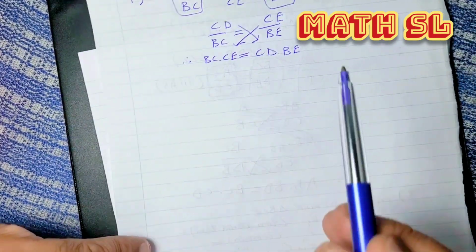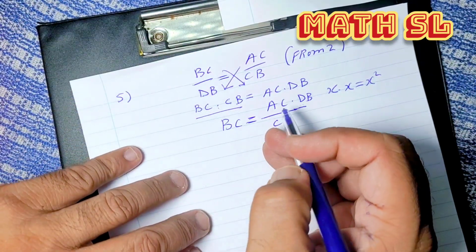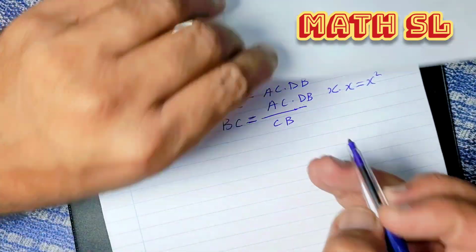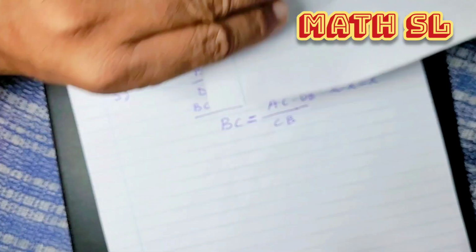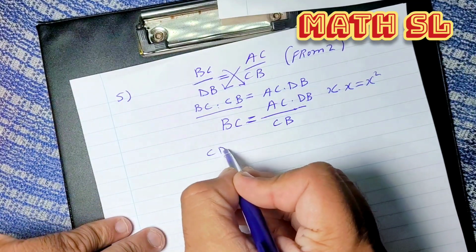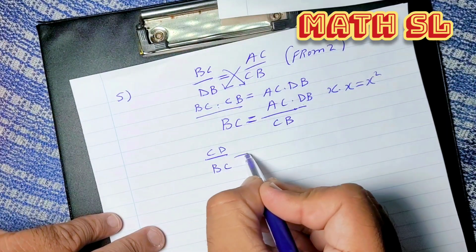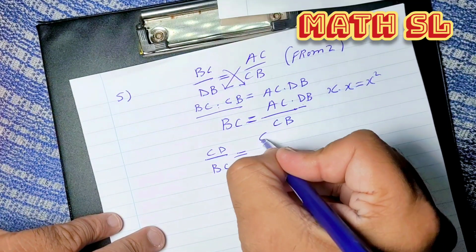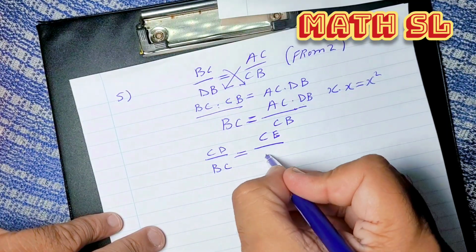So we can use this. We say from this 4, CD over BC is equal to CE over BE.